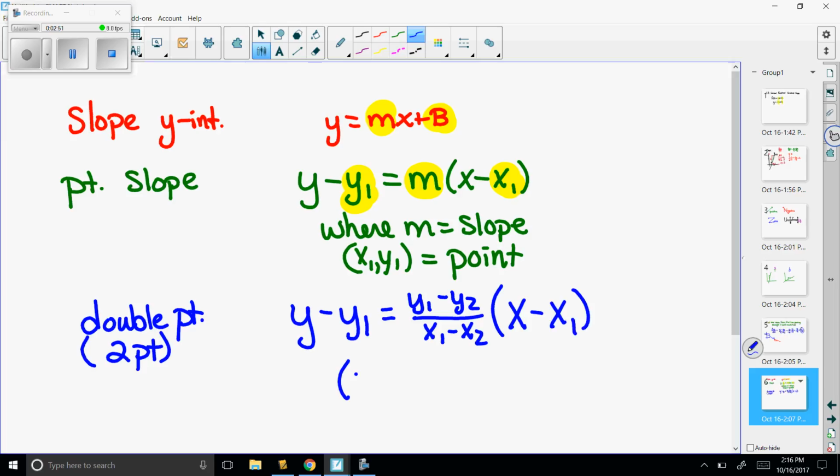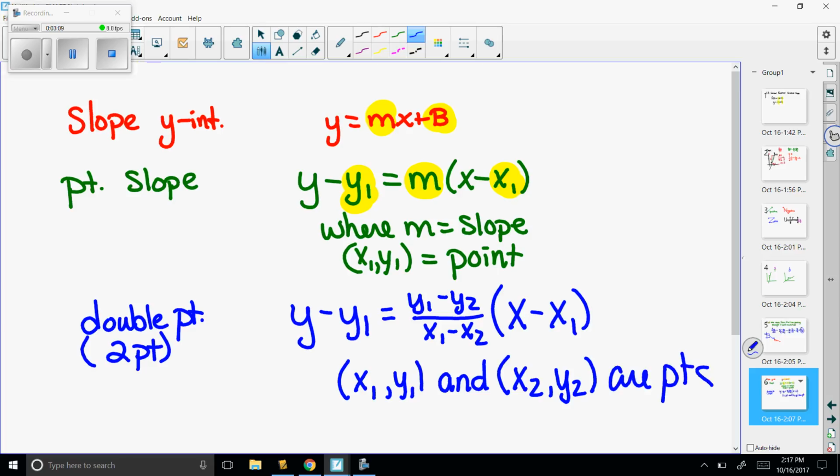Where you have the coordinate point x sub 1, y sub 1, and x sub 2, y sub 2. Those happen to be points. So where will numbers occur?